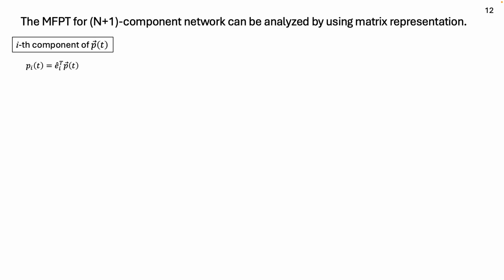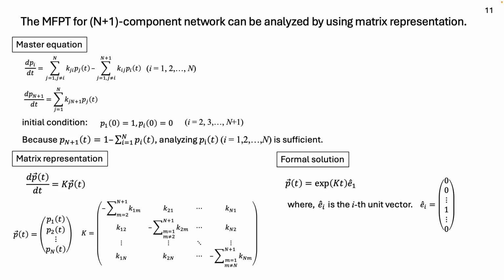Everyone, is it trivial to you why we multiply by E1? So it's the initial condition, right? Yeah, it's the initial condition. P1 is 1. Yeah, I see. So we remove the n plus 1. Okay. So the initial condition was P1 is 1 and the others were 0.